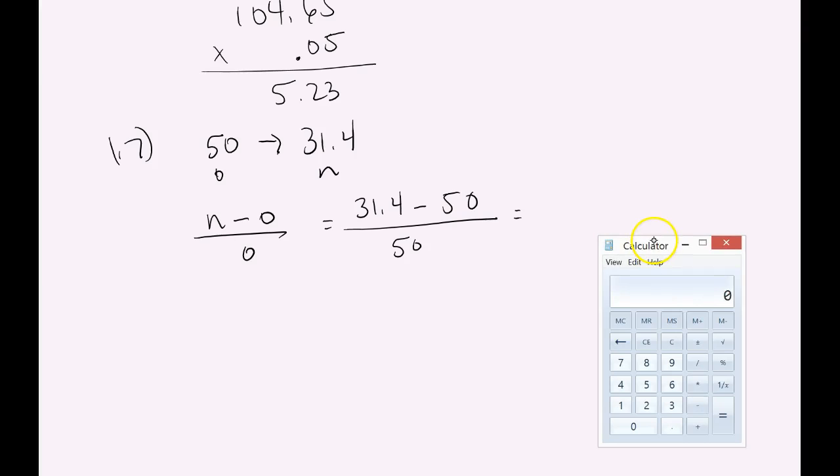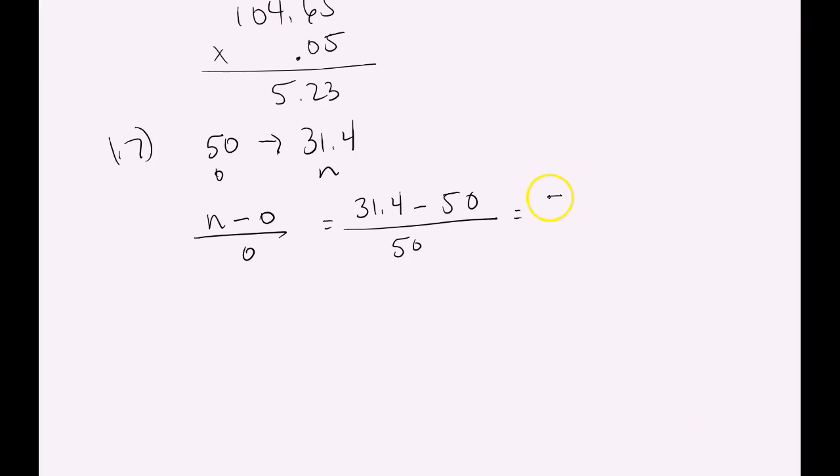Okay, we're going to have 31.4 minus 50, okay, and that equals negative 18.6, and then we're going to divide that by 50. Okay, I'm getting a negative 68.6. Now, you're probably a little frustrated because there's a negative, and you're like, what the heck does that mean?